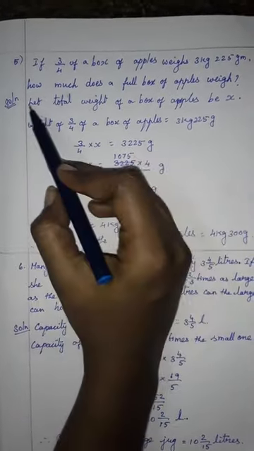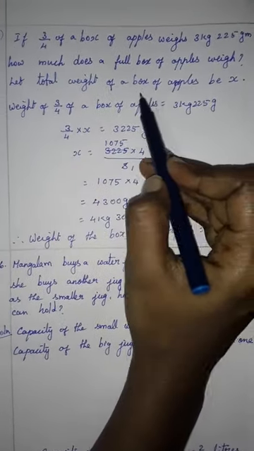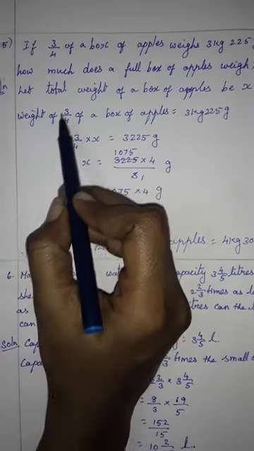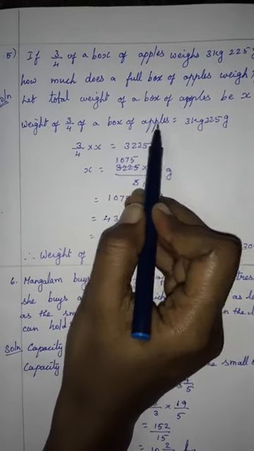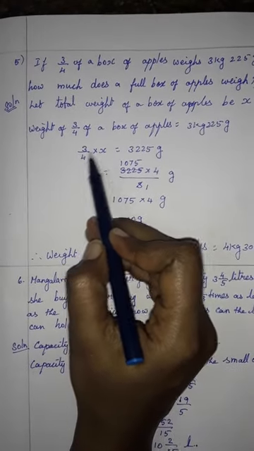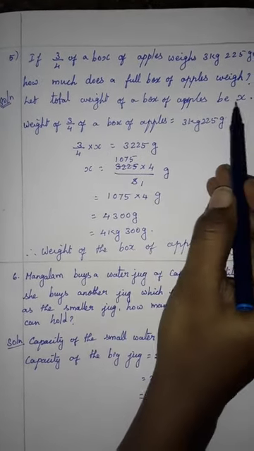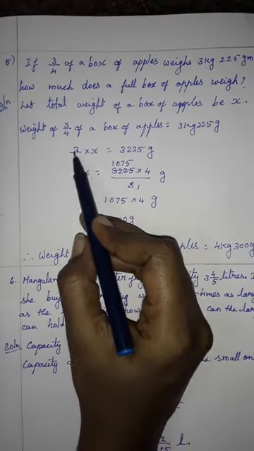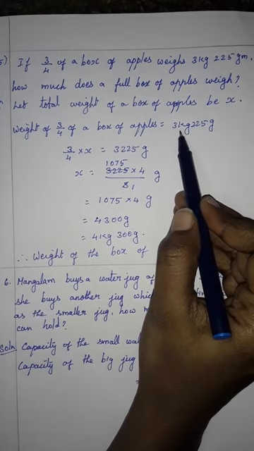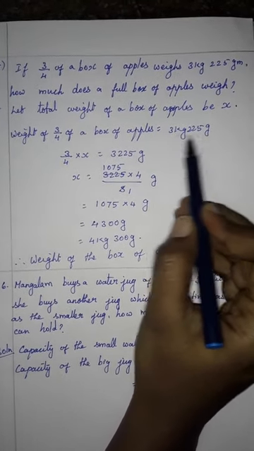For that, we are assuming that the total weight of a box of apples be X. Given weight of 3 by 4 of a box of apples equal to 3 kg 225 gram. That is 3 by 4 of the box of apples, with the box considered as X. Therefore, 3 by 4 into X equal to, we are changing this 3 kilogram 225 gram into gram.